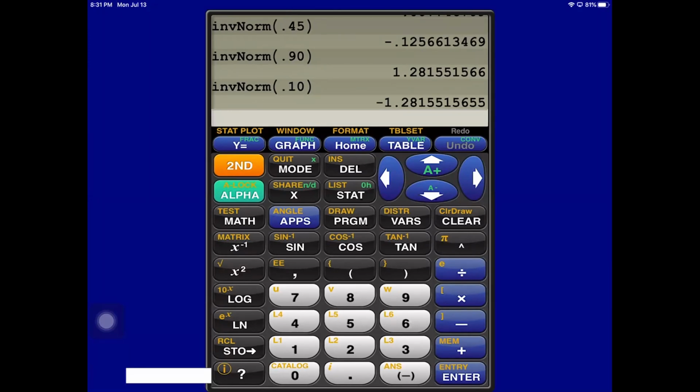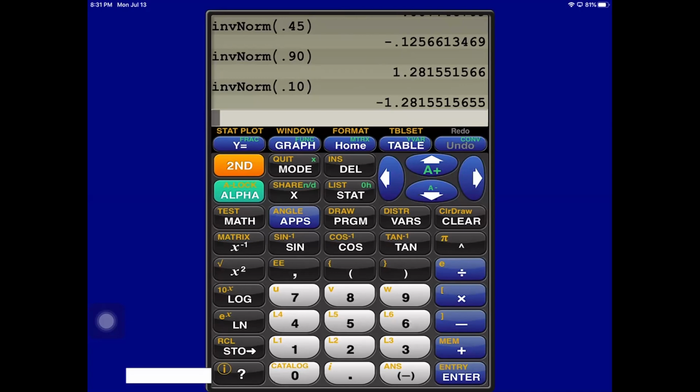If you look at it, the only difference is that one is positive 1.2816 and the other one is negative 1.2816. If you remember, this is the normal distribution, and the normal distribution is symmetrical. So it doesn't really matter if you want the bottom 10% or the top 10%. The cutoff for the Z value is still the same. The only thing different is that if it's on the left-hand side, it's negative 1.2816, and if it is on the right side, it's positive 1.2816.